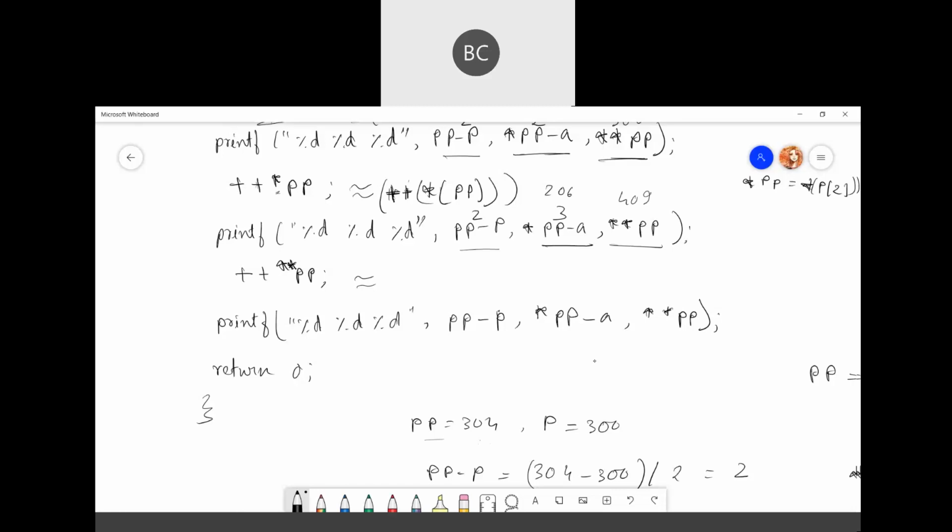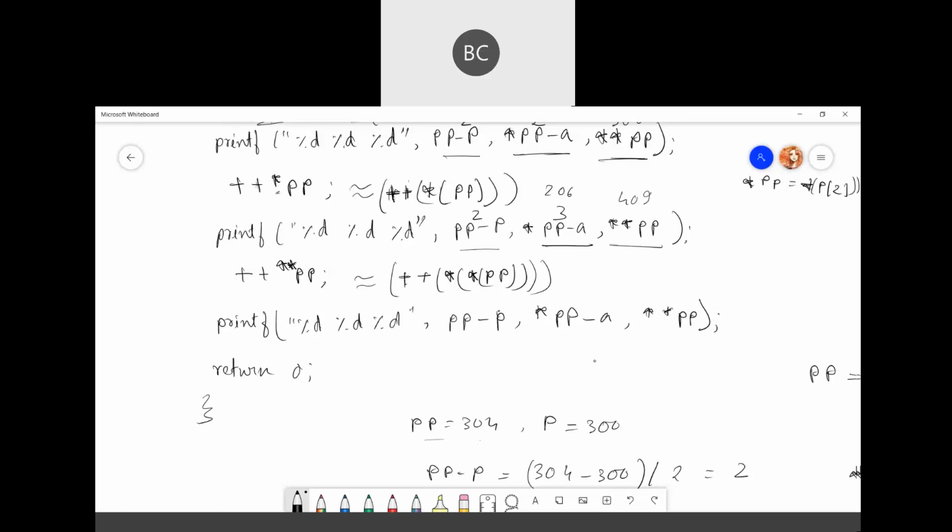So this is actually a double pointer. I missed it. So it will start like that: then you will get one star, then one star, then you will do the plus symbol.